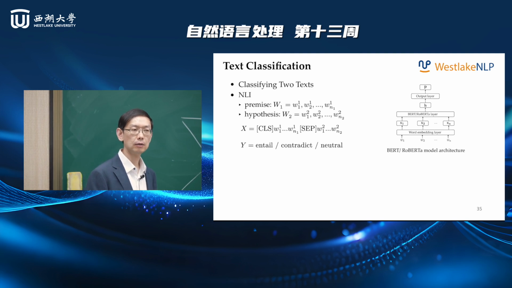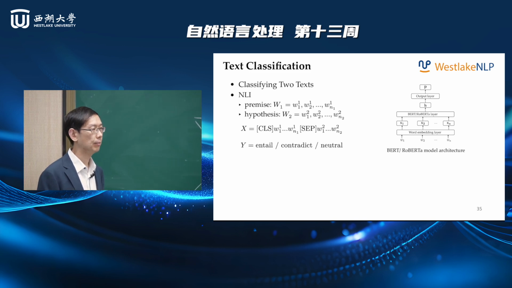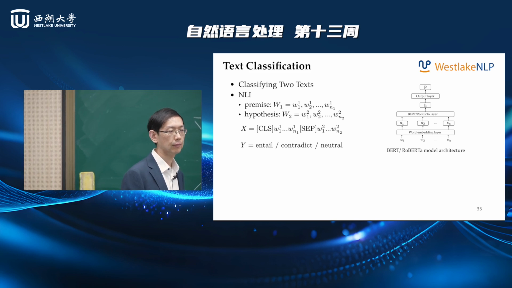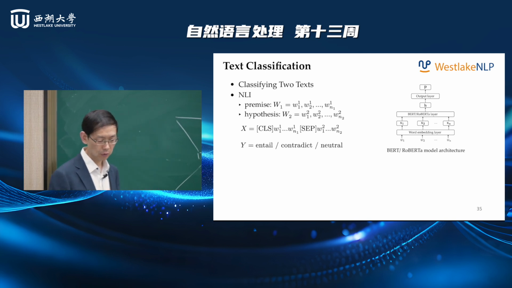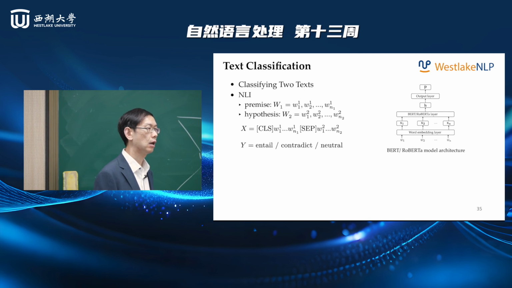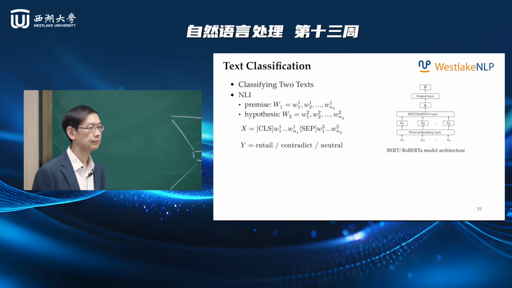So we learned how to do natural language inference and paraphrase detection by concatenating 2 sentences together. Now you can feed this kind of concatenation to BERT and use the CLS token to predict whether the 2 sentences are entailment or contradiction or neutral for NLI, okay?